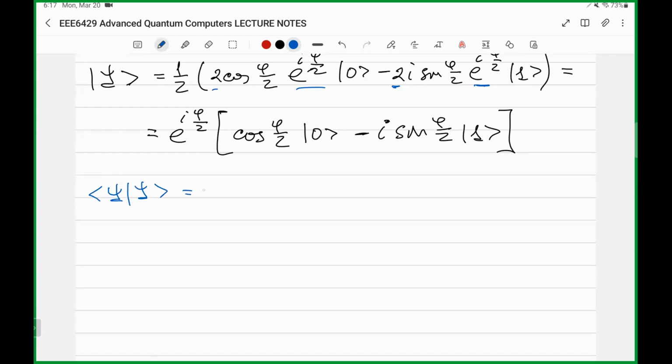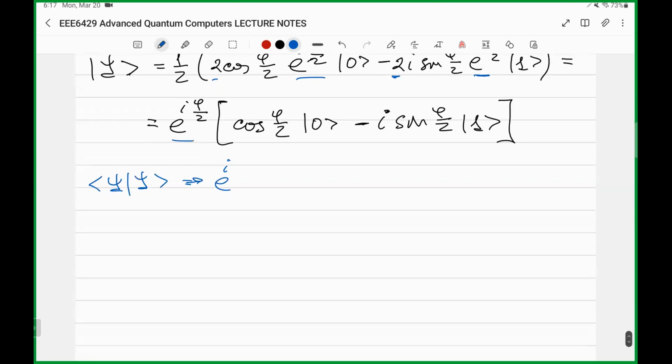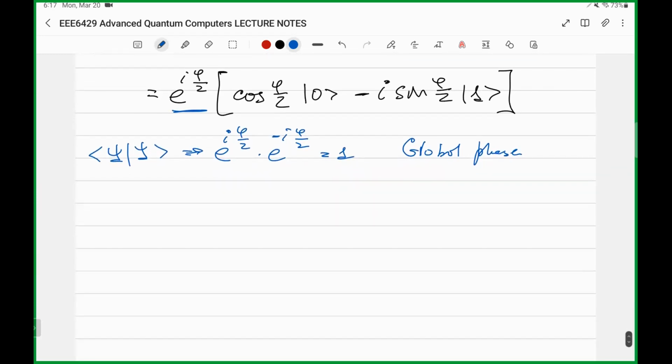This gives me the product of this phase factor e to the power of i phi over 2 times e to the power of minus i phi over 2, so it's just 1. So we can omit this. We call this the global phase. The global phase can be omitted. It doesn't affect the result at all.